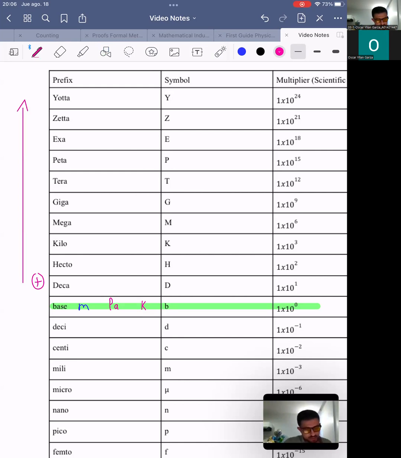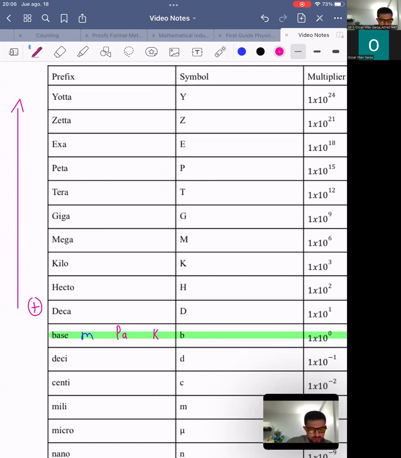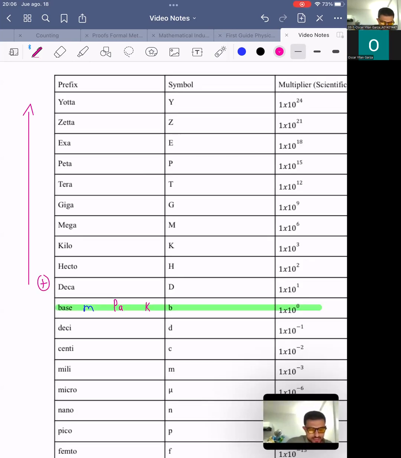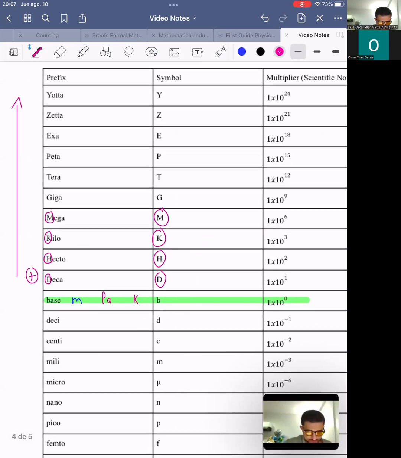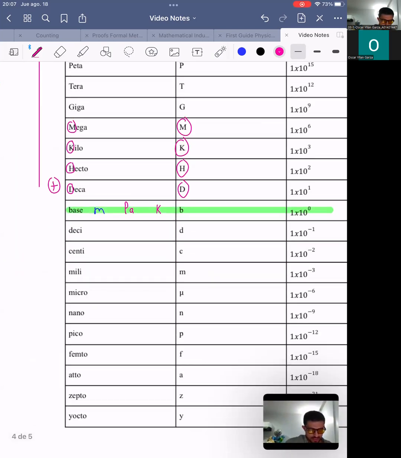Something interesting to see is that for any of the prefixes that make the unit bigger, the symbol's first letter is a capital letter. This means that if we see a symbol with a capital letter, this prefix is going to make our unit bigger.